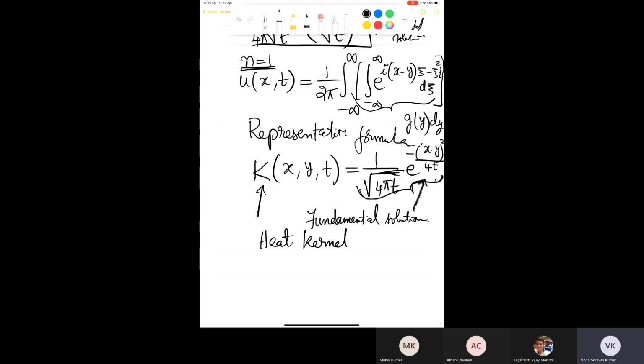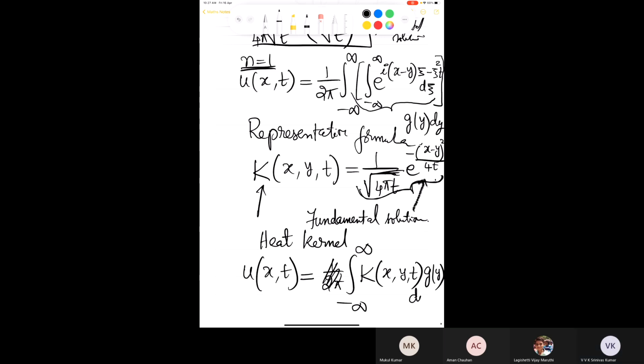Because in integral equations we will always have a kernel, finally u of x, t is equal to, with 1 upon 2 pi absorbed, the integral from minus infinity to infinity of K of x, y, t and g of y. Why?